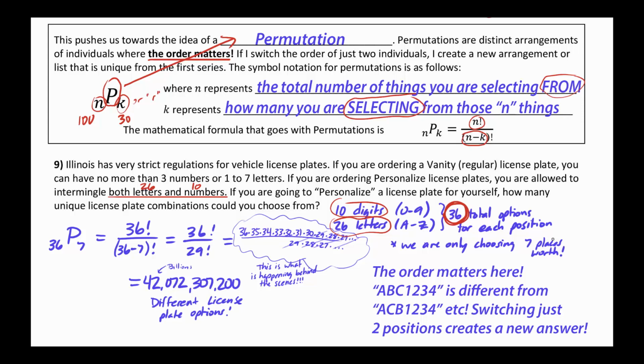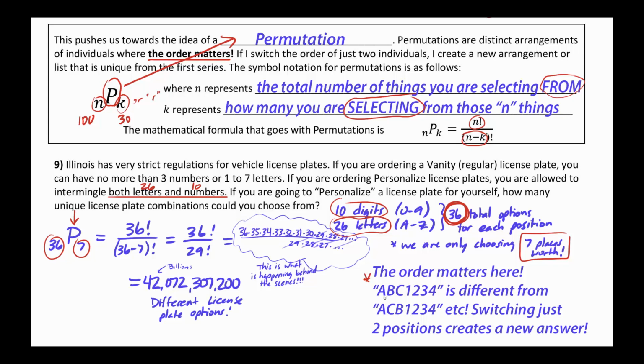So 36 options here for each position. Now we're only choosing 7 places worth, so we're doing this 7 times. So because there are 36 total options, and I'm choosing 7 of those options to get stuck on my license plate, and because the order really matters here, that's what my little note over here stands for. If you had ABC 1, 2, 3, 4, that is different from having ACB 1, 2, 3, 4.